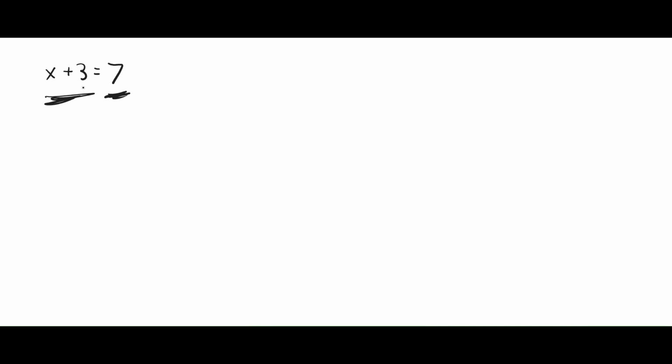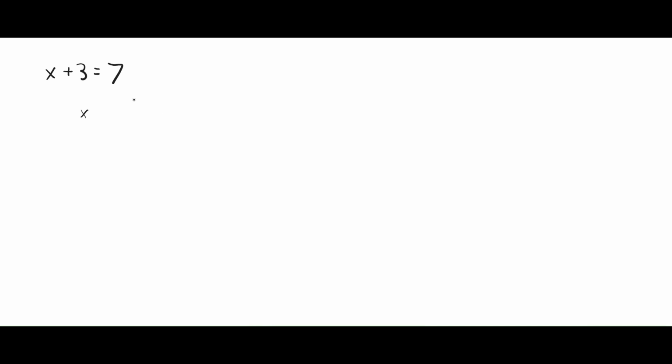But both sides are equal to 7. Now we can change this equation, and our goal is to end up with x on one side and everything else on the other side, and then we'll know what x is. And importantly, we cannot have any x's on this side or we're still not done the problem.